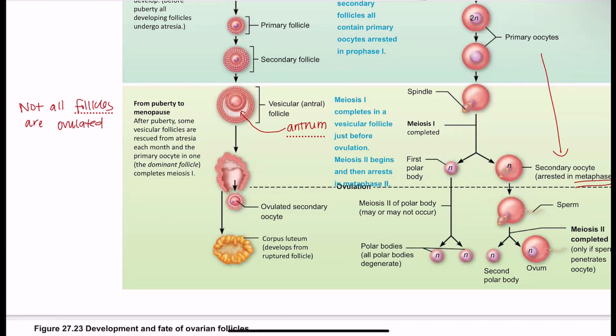If they're not ovulated, then they undergo this process called atresia, which is just cell death. Those eggs that are ovulated, though, become ovulated because they get recruited under the influence of hormone activity. Overall, only about 500 oocytes or less are ovulated over the course of life.